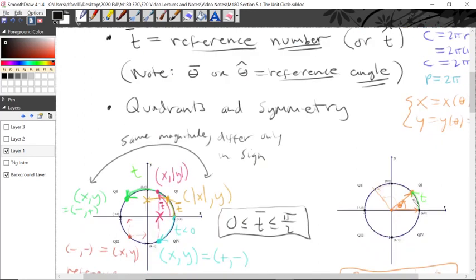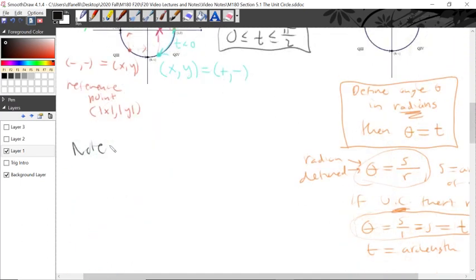Now, we are within a quadrant when we are in one of these 4 empty regions that are surrounding the axes. It's possible to have values of t that cause us to have a terminal point that is on an axis itself.